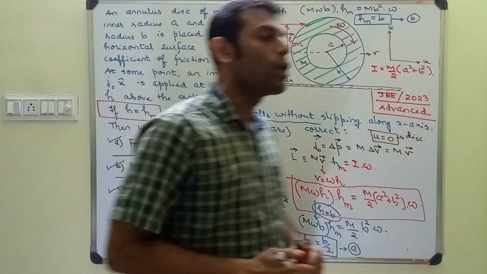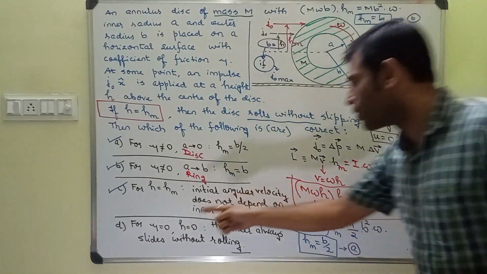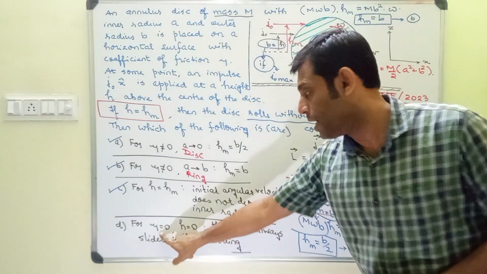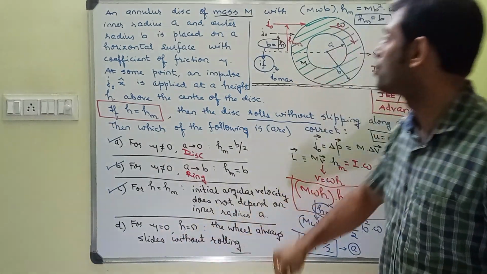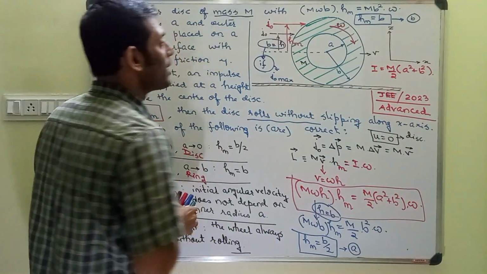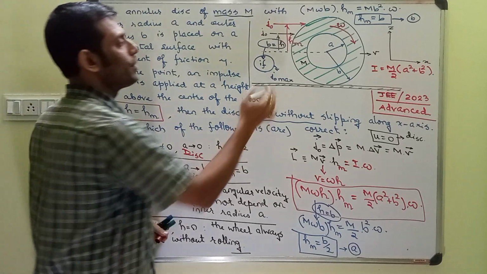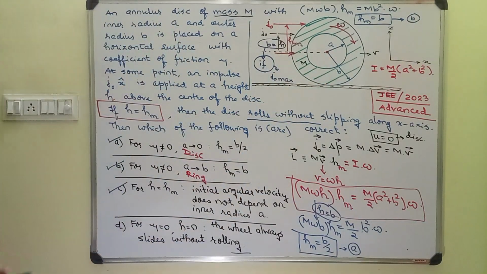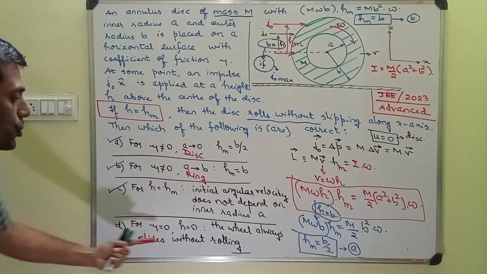Now for mu equal to 0 and h equal to 0, that means you are talking about a frictionless, smooth surface, and h equal to 0 means you are applying the impulse at the center. Now if the impulse is applied at the center, think on this again. If the impulse is applied at the center of the disc, the wheel always slides without rolling.